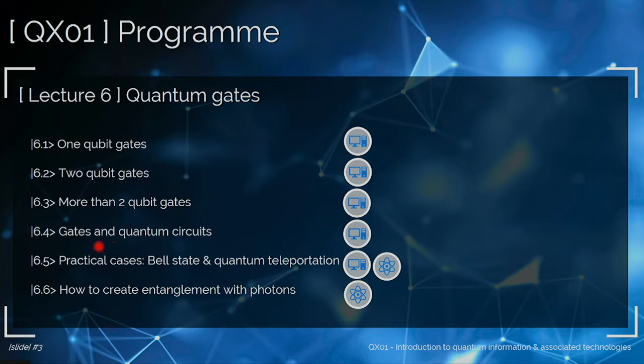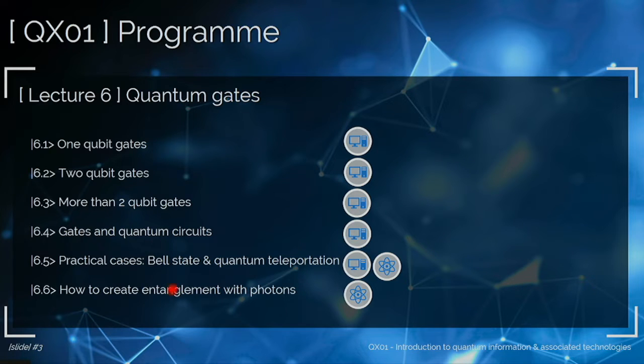And then we started to go into how we can draw and put together gates into quantum circuits. We already have seen some examples before. And then we started some practical cases. So we saw the first one, which is how we make a Bell state into a quantum circuit, and we just started the one on quantum teleportation that I'm going to do today.